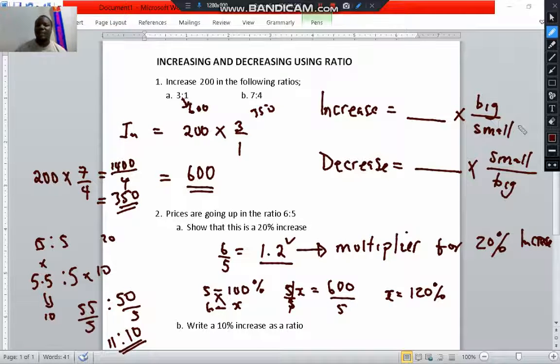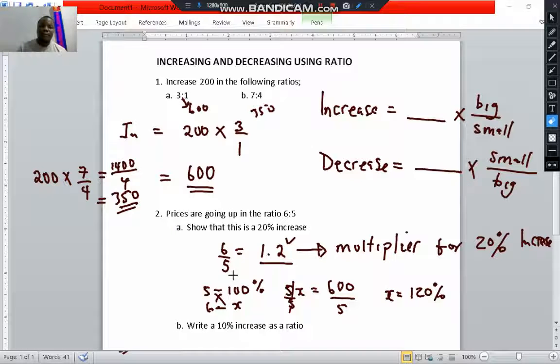So let me just create space here for some emphasis. If we are to write a 10% increase as a ratio, we know from this example that 6 to 5 is 20%, and to move from 5 going to 6, there's just a plus 1. So 1 is equivalent to 20%, which implies that 0.5 is 10%.